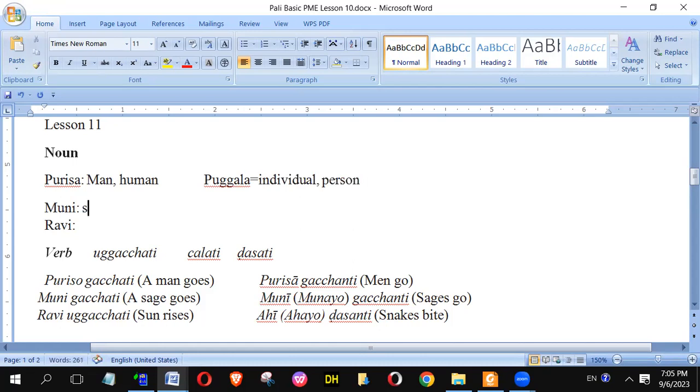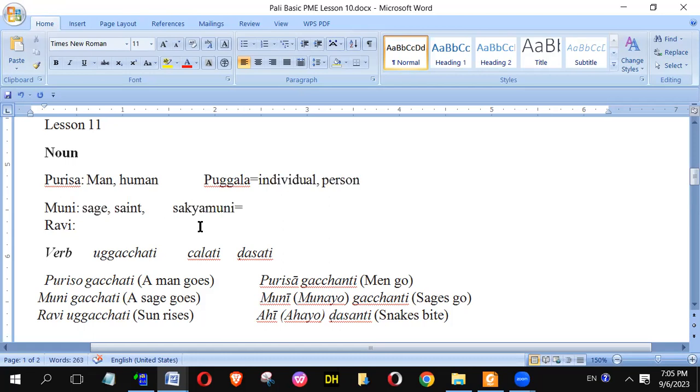Muni means a saint, a sage. Okay, saint. Another meaning, ascetic. Muni can be ascetic also, no? Yes, ascetic. All right. And then when we have the Buddha, we call it Sakyamuni. What's the meaning of Sakyamuni?